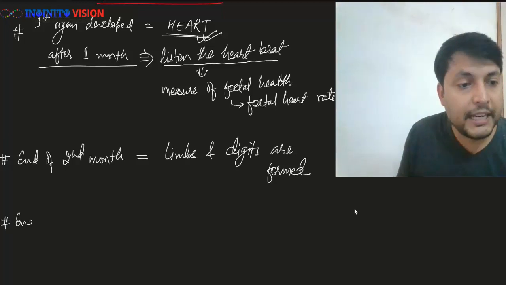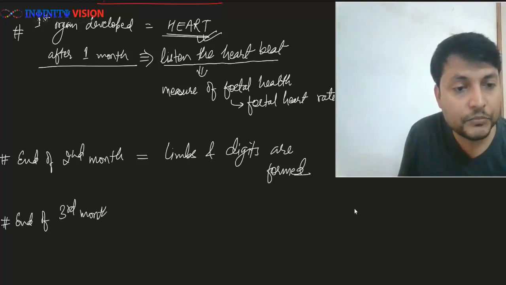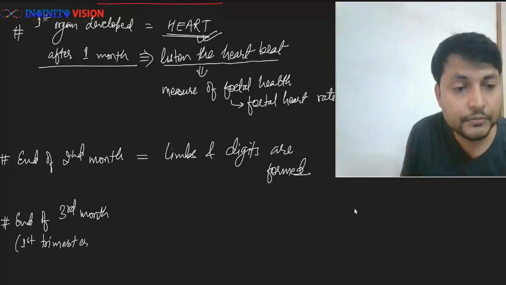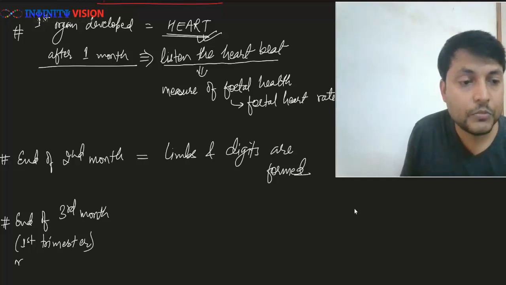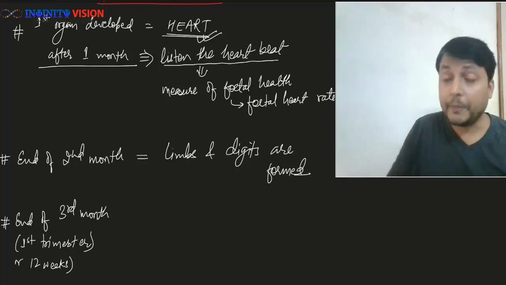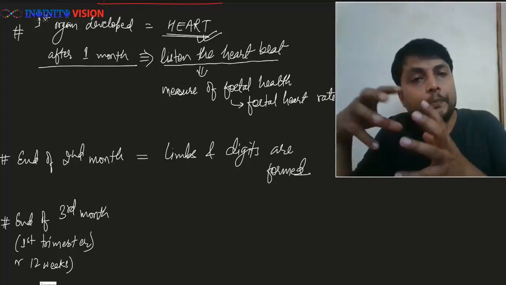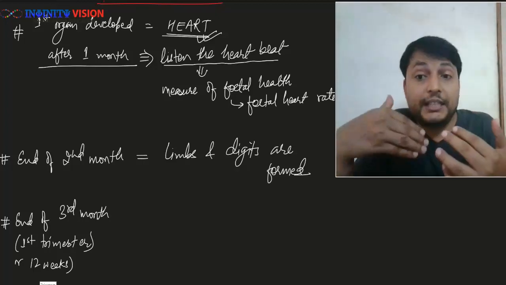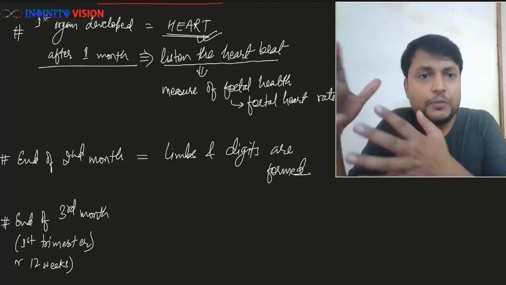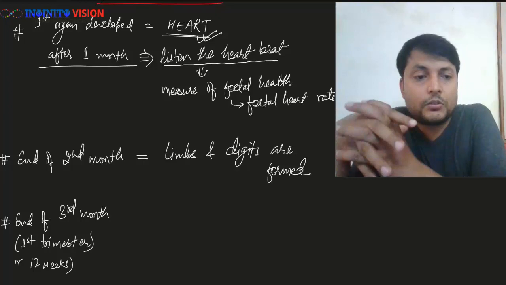Further, by the end of the third month, as in the first trimester or 12 weeks. Remember, mostly the pregnancy is counted in weeks, not in months. So first week, second week, third, fourth, fifth, and so on.